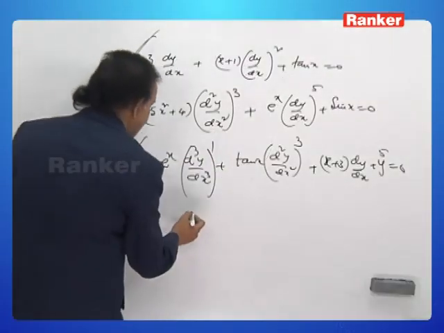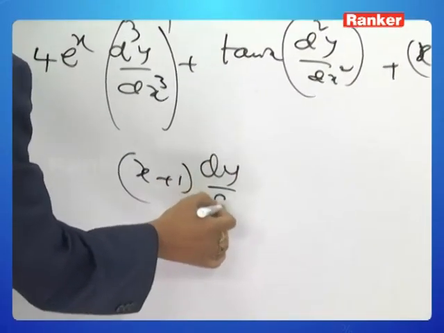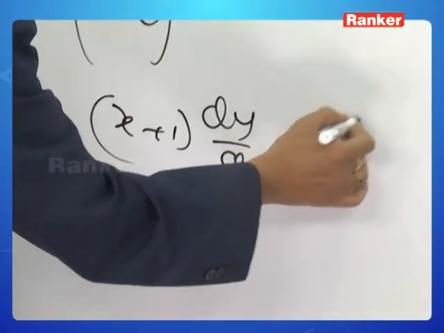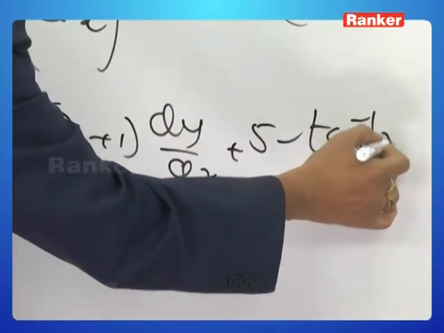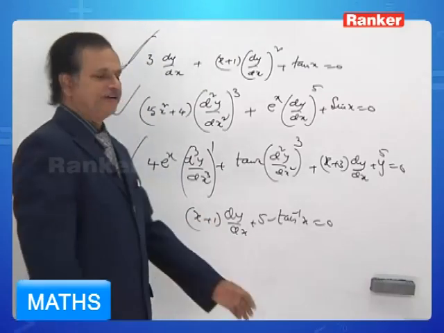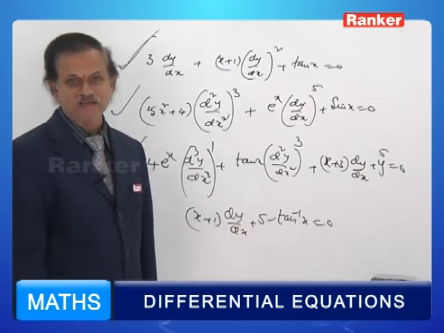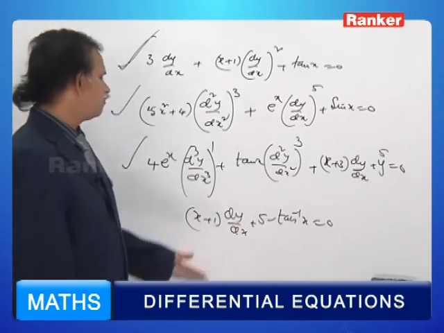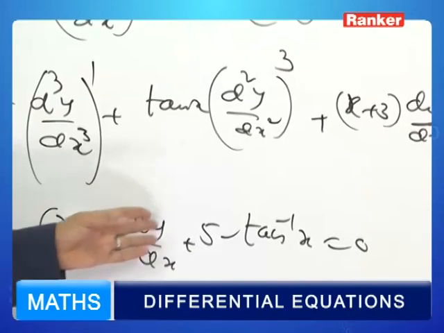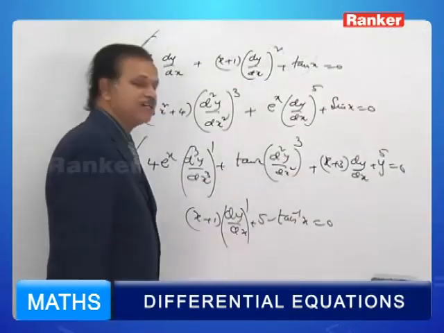Now you tell me the answer for this one. (x plus 1) into dy by dx plus 5 minus tan inverse x is equal to 0. What is the degree and order of this equation? Come on. dy by dx is only present here. So this is of first order. And no more exponent is there. Of course, it is believed to be 1. What is the exponent given to the largest order derivative here? It is 1.